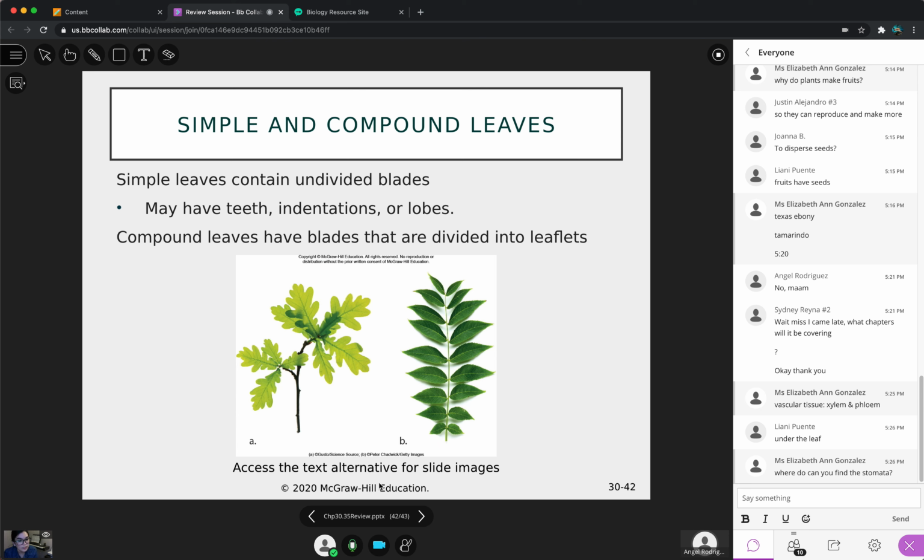That's actually one leaf, subdivided into little baby leaves. It's one leaf, and each little baby leaf we call a leaflet. That one's a compound leaf. And then a typical tree, which has singular leaves, we call simple leaves. So simple, undivided, and the one on the right is a compound leaf, which is kind of cool.